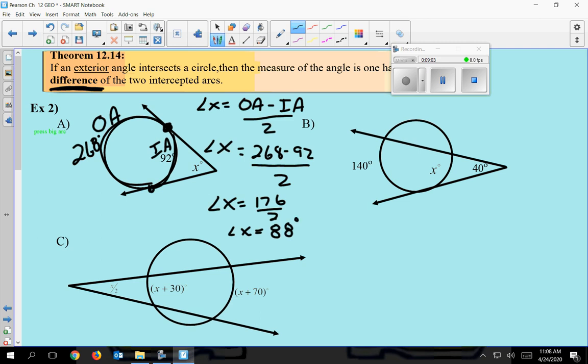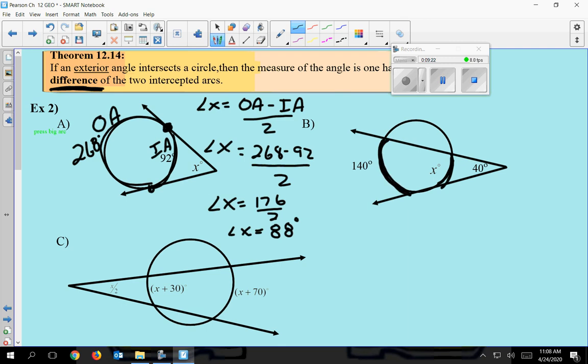If you do all your math correctly, and hopefully I did, angle X is going to be 88 degrees. Okay. So this one is the same kind of problem, just a little bit different. I do have an inside arc, and now they told me the outside arc.